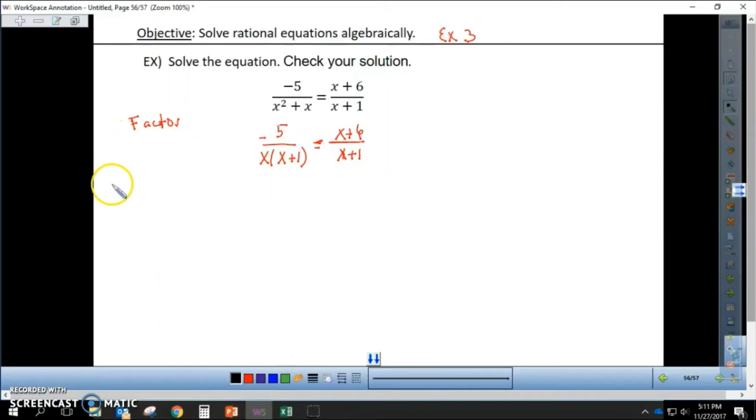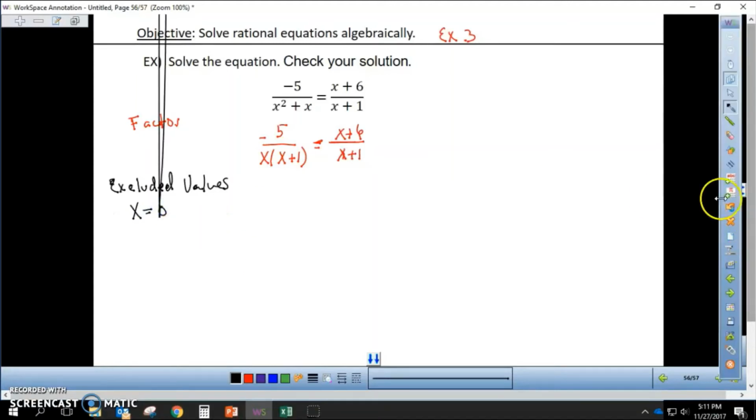Next, you're going to have to identify your excluded values. So what can my solution not be? And looking at these here, the excluded values are 0 and -1. So those are my two excluded values that x can't be.